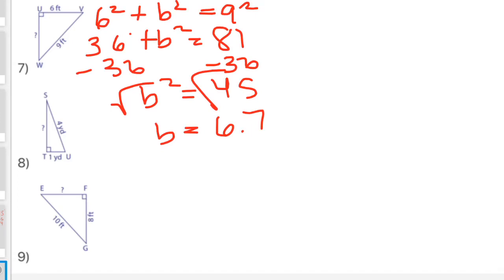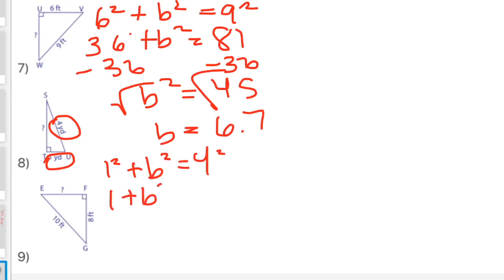This is kind of hard to see. This is 1 yard, and this is 4 yards if you can't see that. So again, we are missing a side length. So we've got 1 squared plus b squared equals 4 squared. 1 squared is 1. 4 squared is 16, minus 1 from both sides. b squared equals 15.